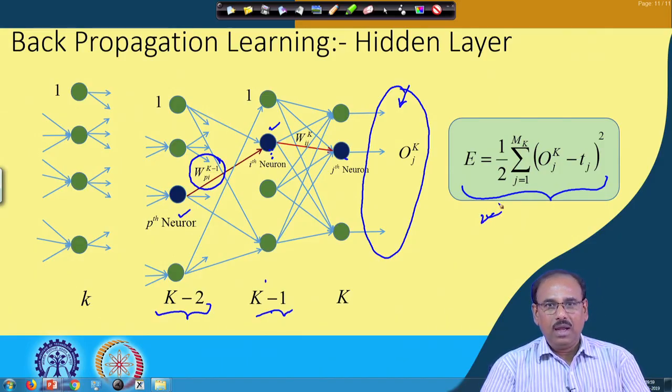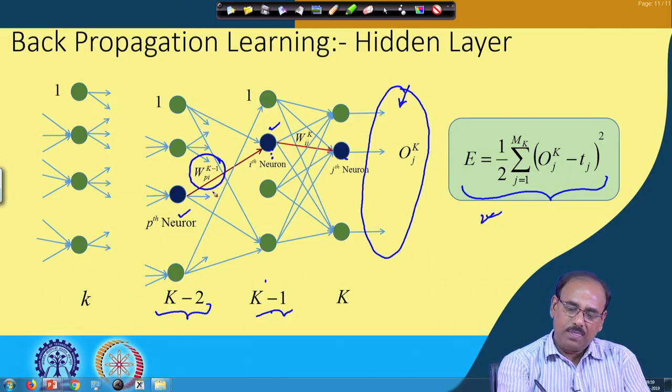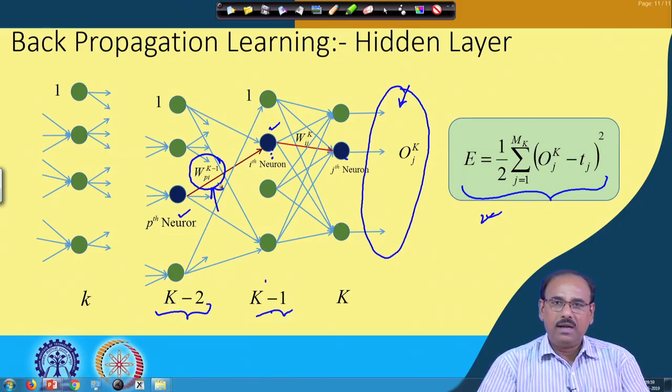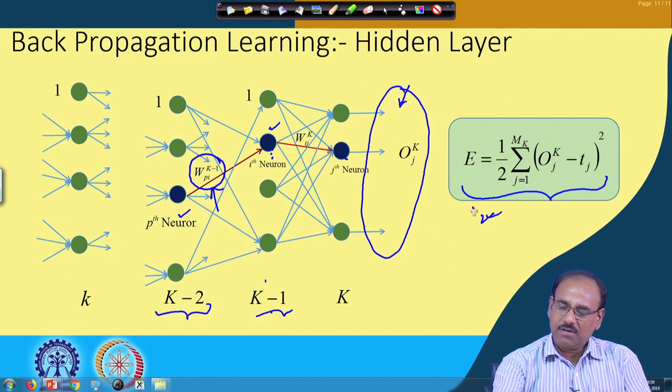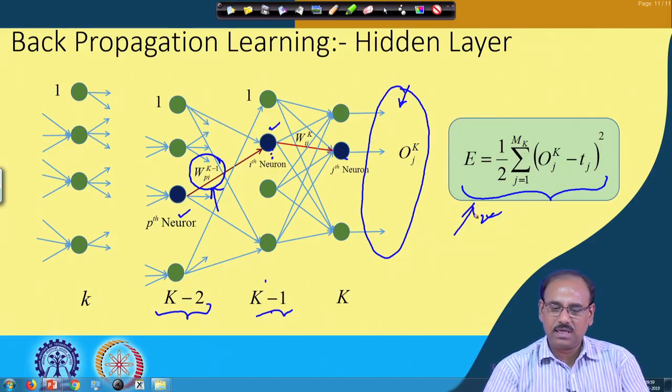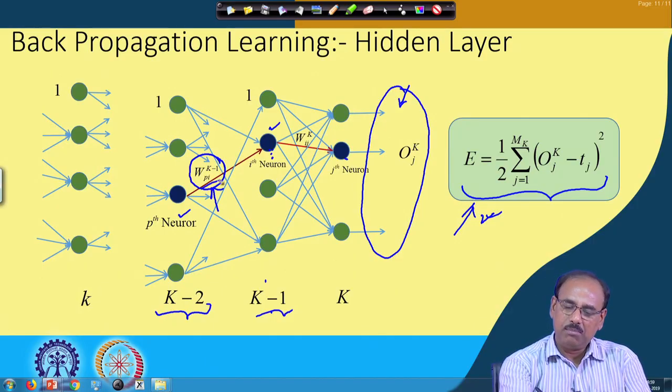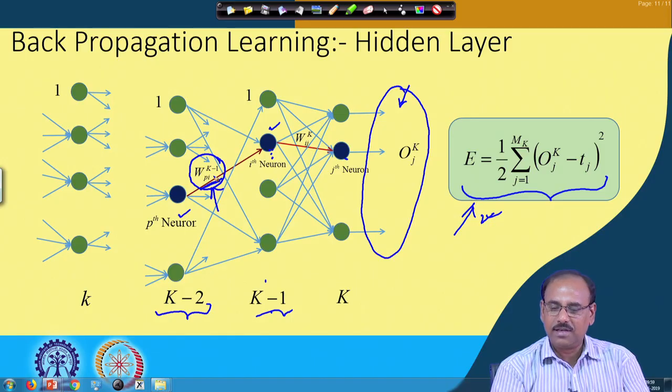Now, in order to update this connection weight Wpi(k-1), I have to take the derivative of this loss function E with respect to Wpi(k-1). It is no more with respect to Wij.